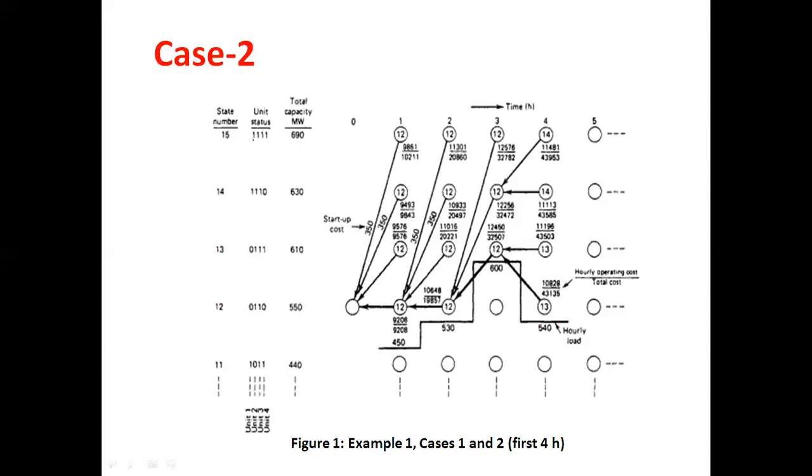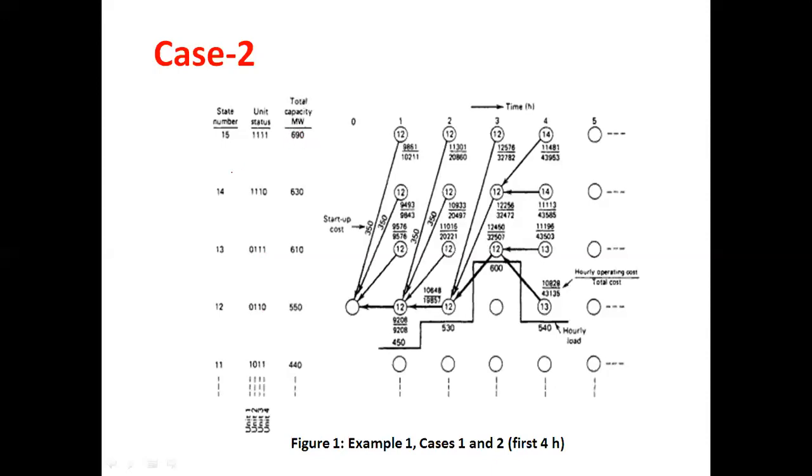State 15 means all the 4 units are in operation. State 14 means unit 1, 2 and 3 are in operation. State 13 means unit 2, 3 and 4 are in operation. State 12 means unit 2 and 3 are in operation, and so on. And the total capacity, that is the summation of the maximum capacity of the units, is 690, that we have already seen in our previous discussion.